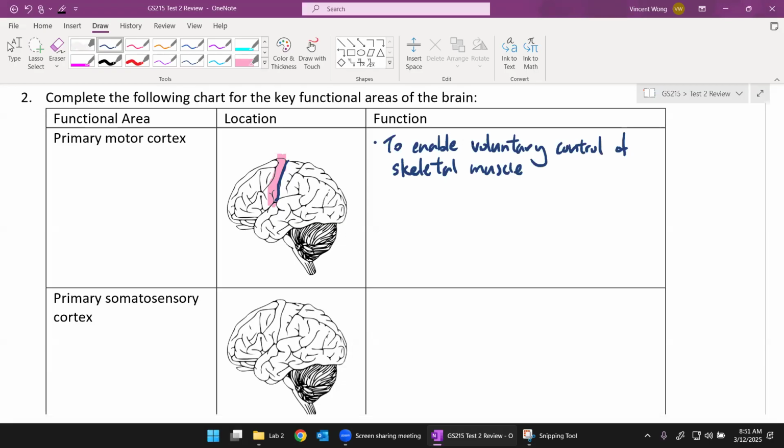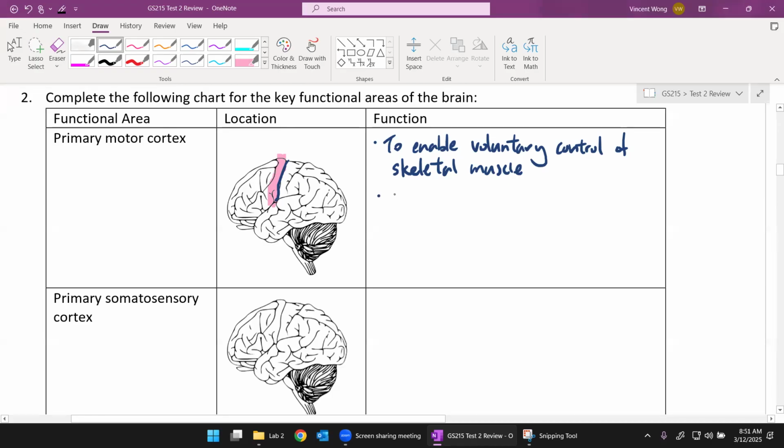Things that you cannot control, like your bowel movement, that is smooth muscles, right? Talked about smooth muscle on Monday when we learned the digestive system. Of course, the primary cortex is separated into different zones, different areas for the body. Right? You might remember like face is here, hand is here, so on and so forth, right?